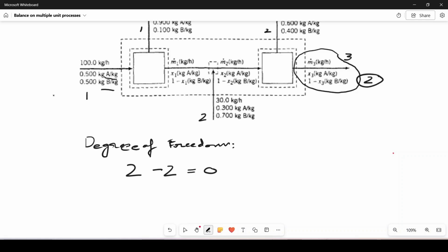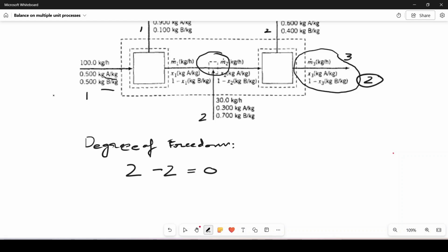So this is the first thing, and after that you have to do the same thing on the mixing point. So this is the mixing point here, and if we see how many unknowns we have, here we have 1, 2, 3 and 4.